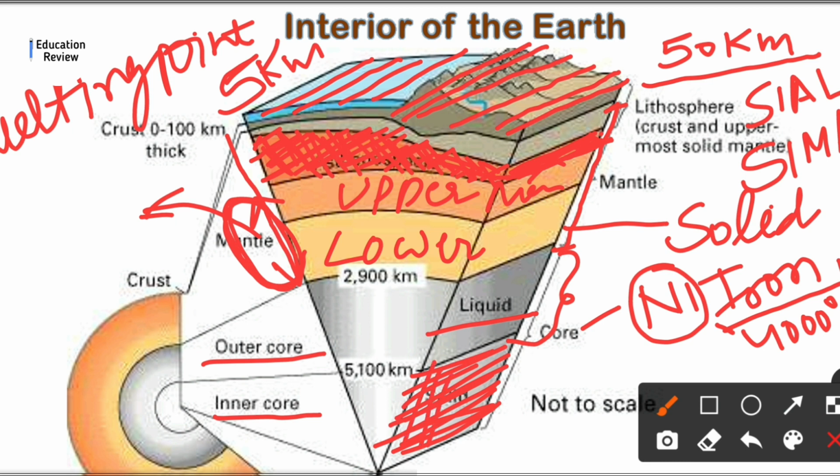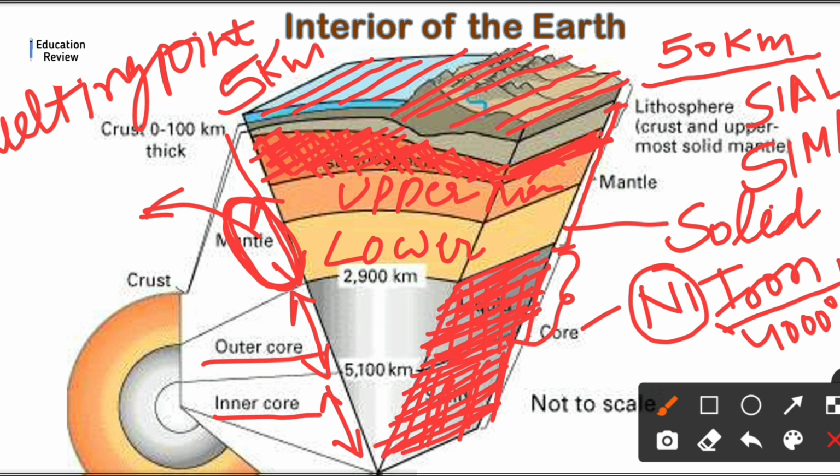The iron gets deposited in the inner core. And here nickel and some portion of iron are in liquid state, because going further inside the earth the temperature increases and actually reaches the melting point of nickel. Here we find molten nickel and some portion of iron also.